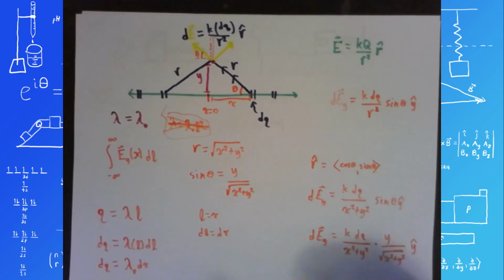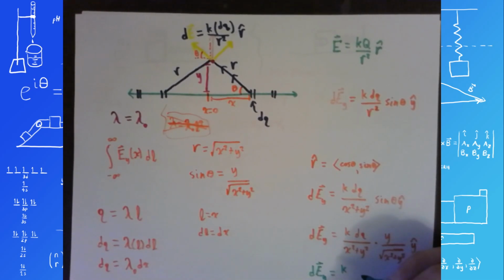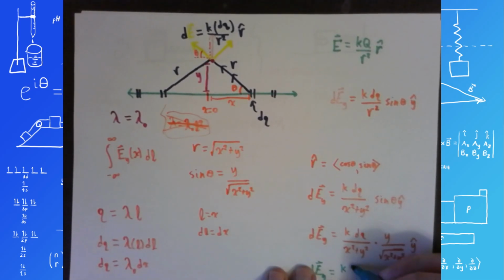So let's go ahead and write dEy is equal to k times lambda 0 dx times y all over x squared plus y squared times the square root of x squared plus y squared.